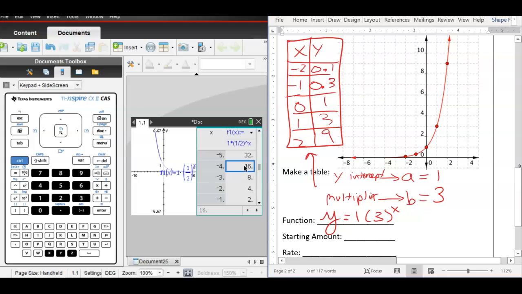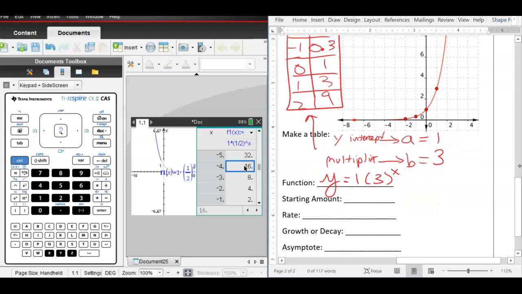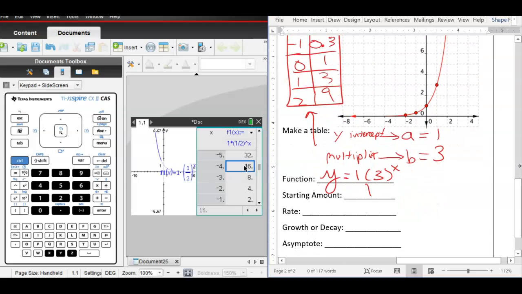Okay. Now, these next two blanks we already figured out. The starting amount is 1. The rate is 3. Is it growth or decay? Growth, okay. Now these next two can be kind of tricky. The asymptote. Do you see that that line comes down and it goes almost flat and it doesn't cross the line right here? I want you to draw this asymptote on the axis. It does not touch this x-axis.